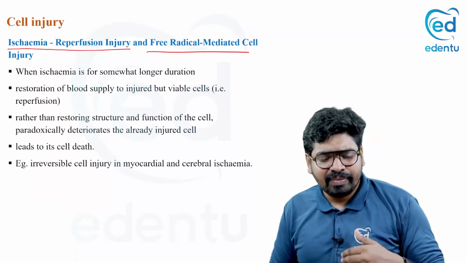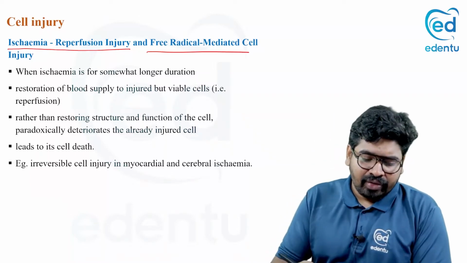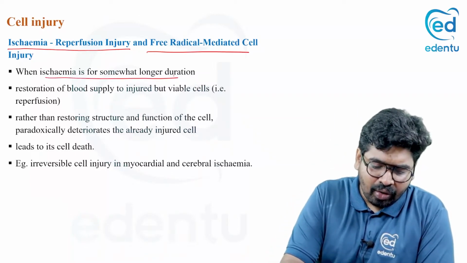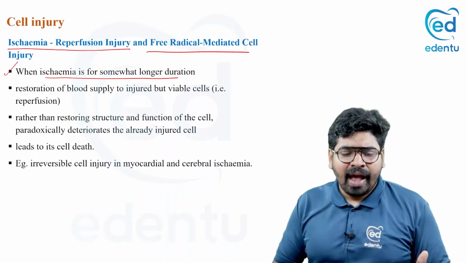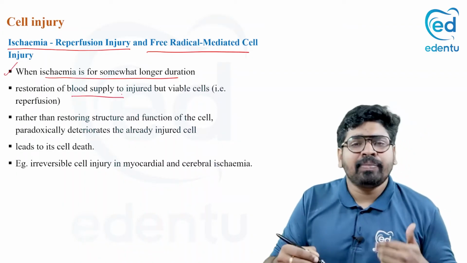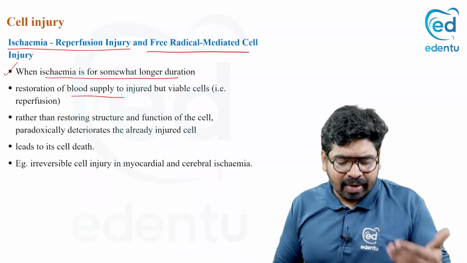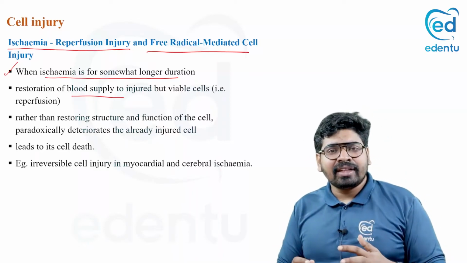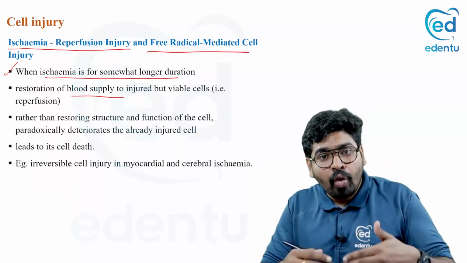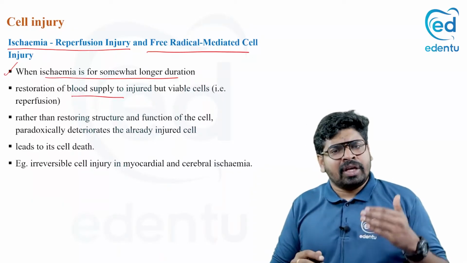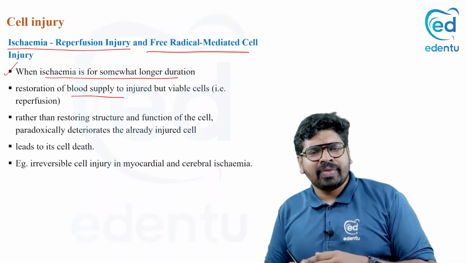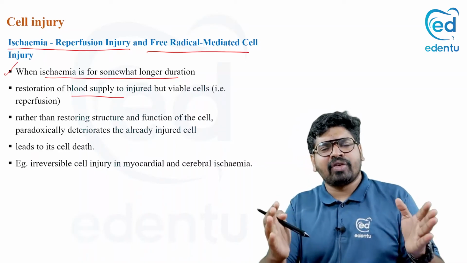What is ischemia reperfusion injury? If the cell has undergone ischemia for a longer time, and we give reperfusion, we give oxygen, we give blood, then rather than healing, more damage occurs. There is an ischemia which has happened for a longer duration.